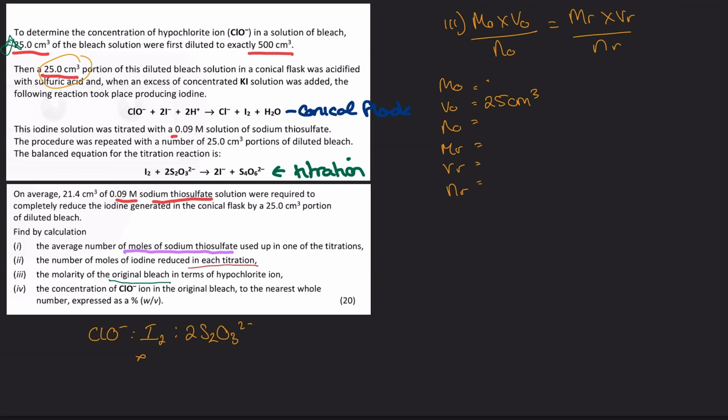Now, so we have the number of oxidizing agent, which is down here. So that is 1. The molarity of the reducing agent we're given, 0.09 moles. And the volume of the reducing agent we're given in the average titer, 21.4. The number of reducing agent is here, 2. So we're only missing one thing, so we can use our formula.